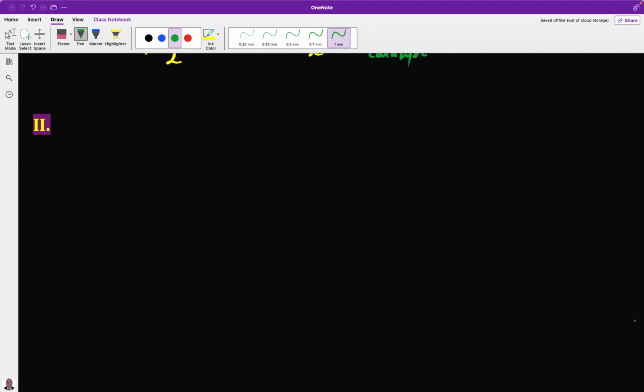Now, ketones. Ketones can be reduced back to what? They can be reduced back to secondary alcohol.